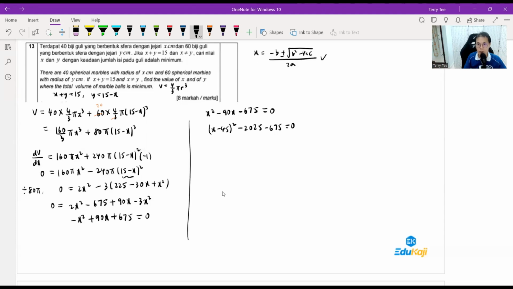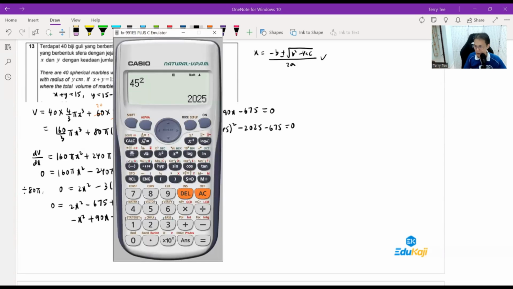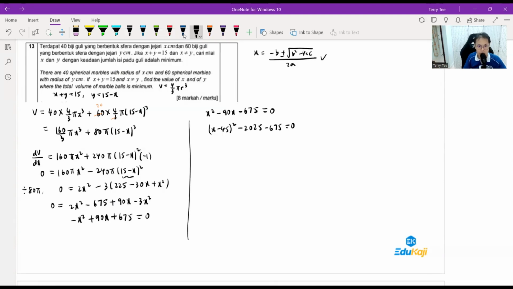All right. Okay, 2025 plus 675 is... wait, let me see. You have to minus. Okay, this part here is a minus. Did I make a mistake here? This is minus, right? Yeah, this is a minus here. This one is a plus.